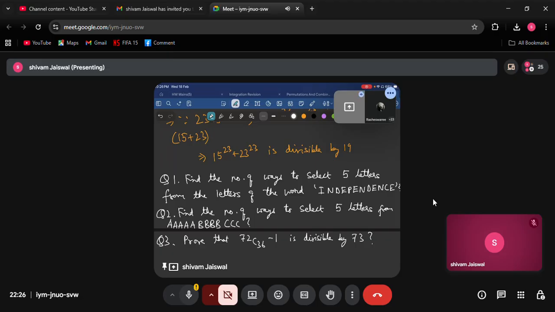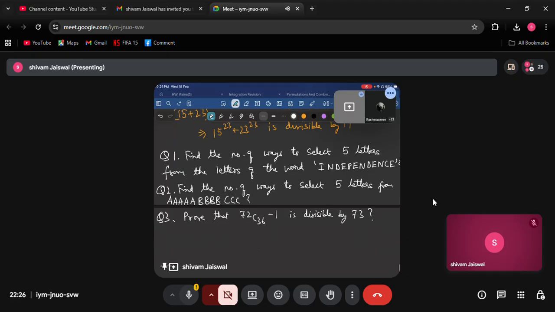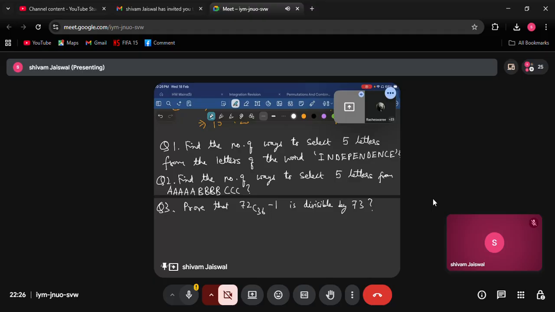Independence. We need to understand how many alike letters are there, and then we can formulate. Then we can create the generating function for it. Aisha, there's a slight mistake. Check it again.